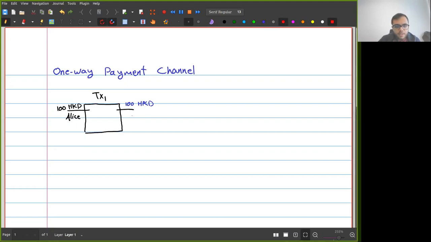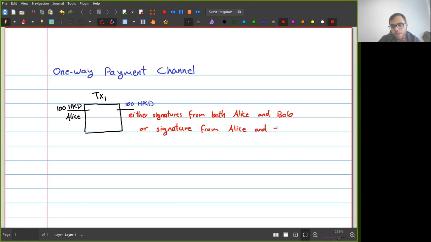Either you need to provide signatures from both Alice and Bob, or you should just provide a signature from Alice, but the time, or my block number, should be after some predetermined deadline t.